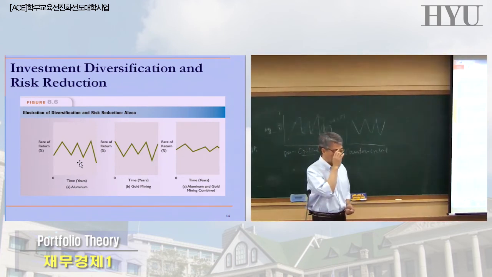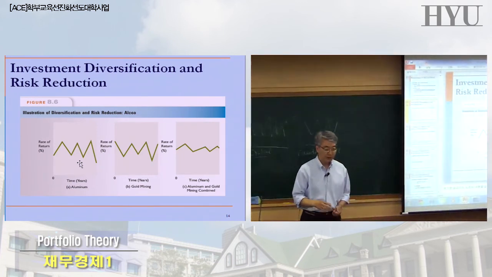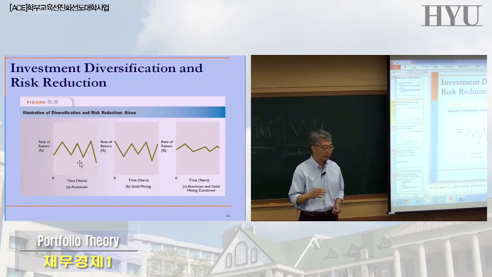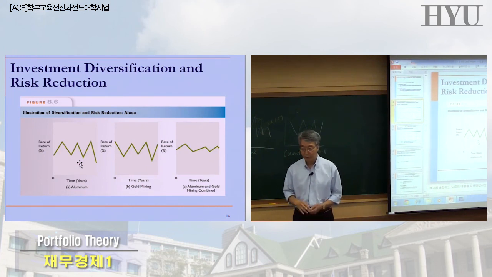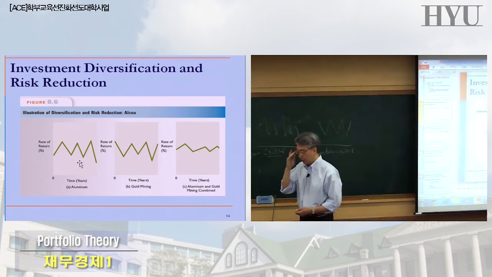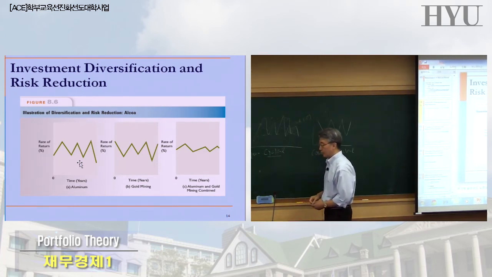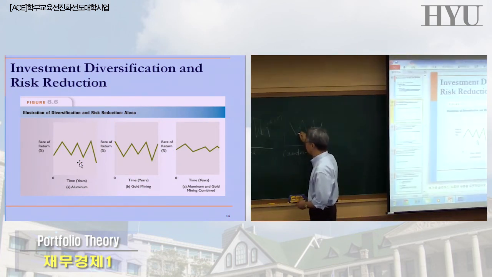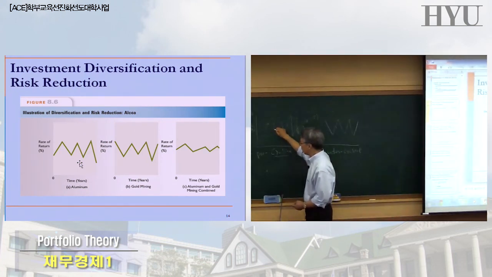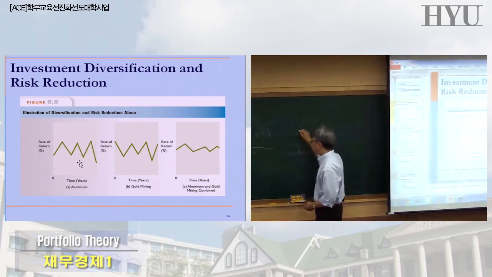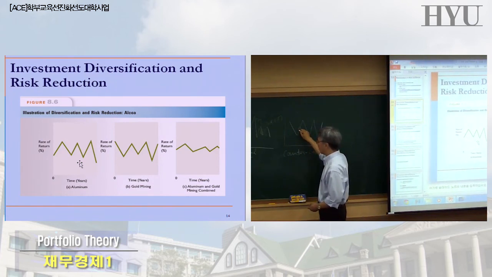When the economy goes down, people, instead of putting money in stocks or bonds, tend to put their money in gold, because the value of gold tends to be stable. So when the economy goes down, the demand for gold increases. That was the case of recession when the return from aluminum goes down. But if you invest in gold, then at that time the demand, price and return from gold can actually increase.